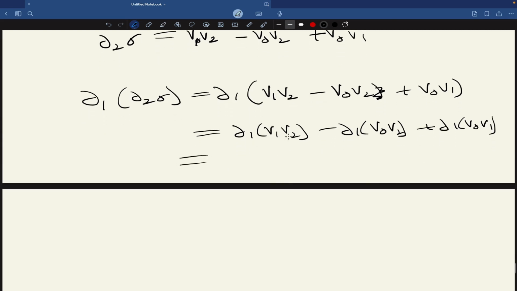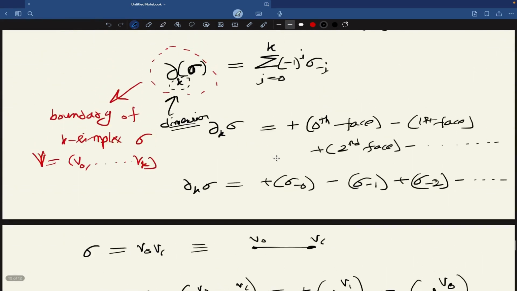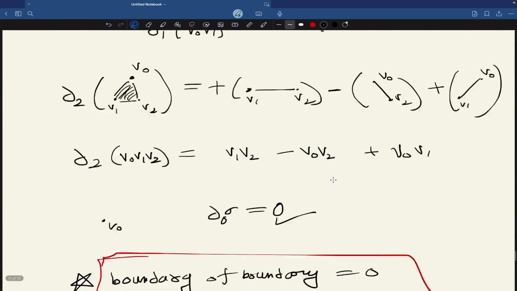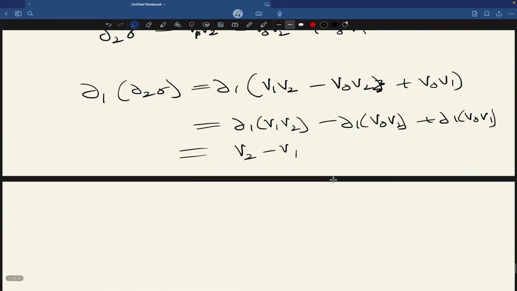So this will again become a combination of 0 dimensional simplices, and we will get v2 minus v1. I'm applying the definition that we have defined over here. It is a linear combination of their faces. So the faces of v1 v2 will be v2 and v1. The first face will eliminate v1 and we'll get v2, and eliminate v2 and we'll get v1.